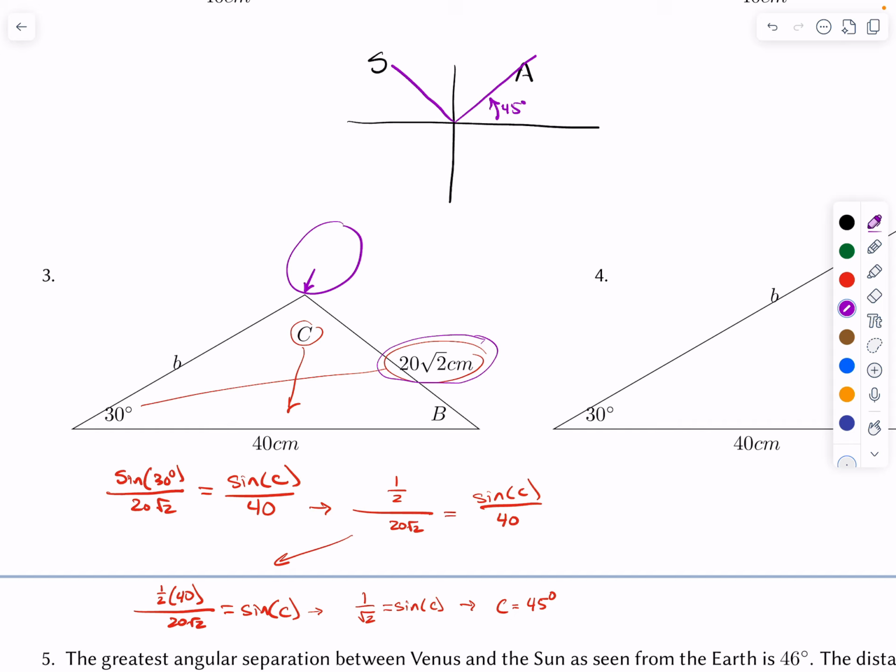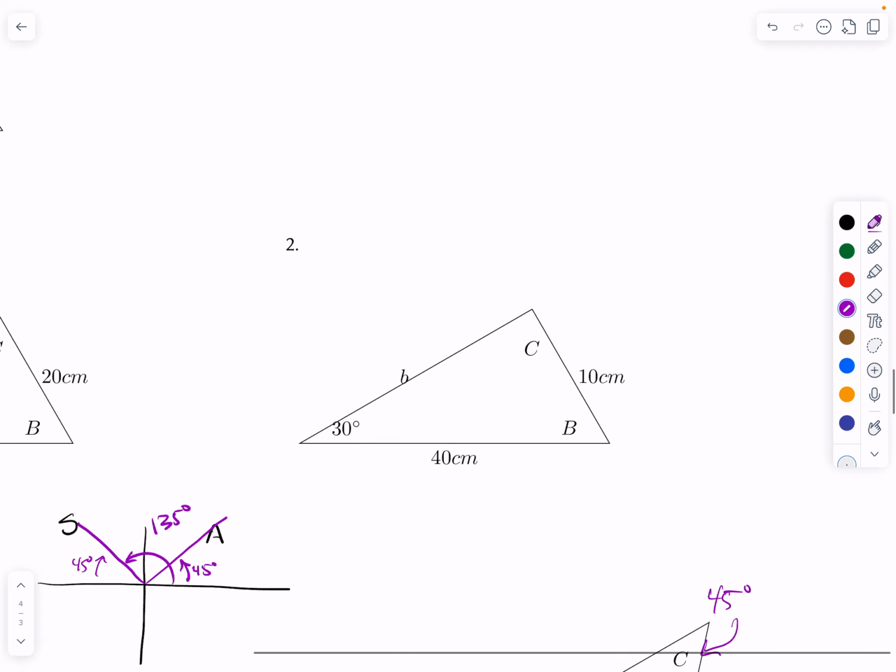This angle here also has a sine of 1 over radical 2. That's going to be 135 degrees, because the reference angle is 45 degrees. So this is 135. So that's the angle here. Whenever you have side-side-angle, there are several possibilities. We went over these in class.